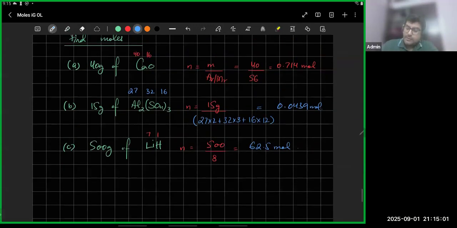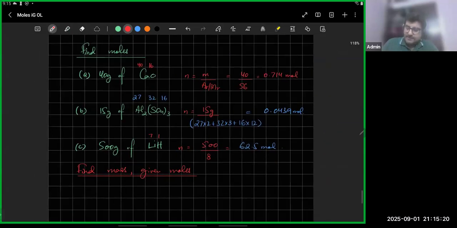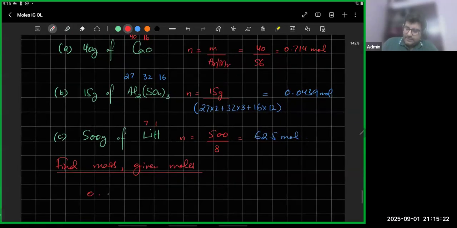And the reverse is also true, that you can figure out the mass if you're given moles. Doing that is also easy. If you're given moles, you can find mass. So if I have 0.015 moles of calcium, which has an MR of 40.